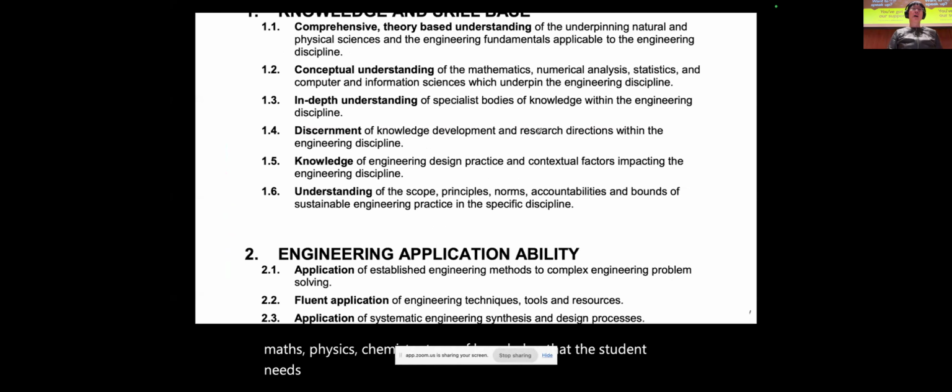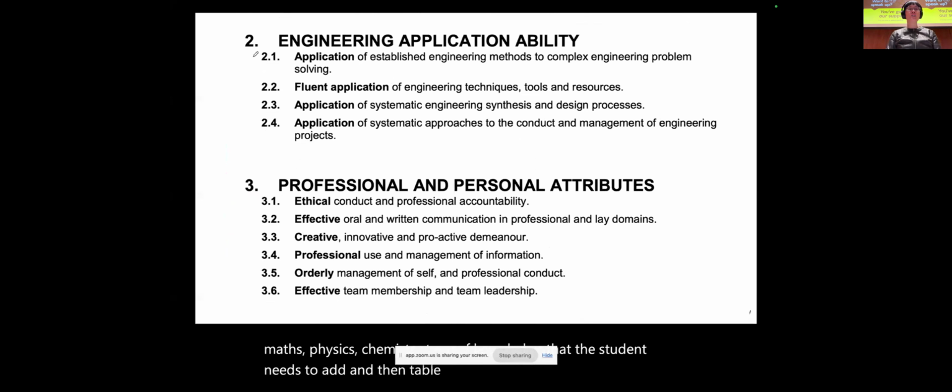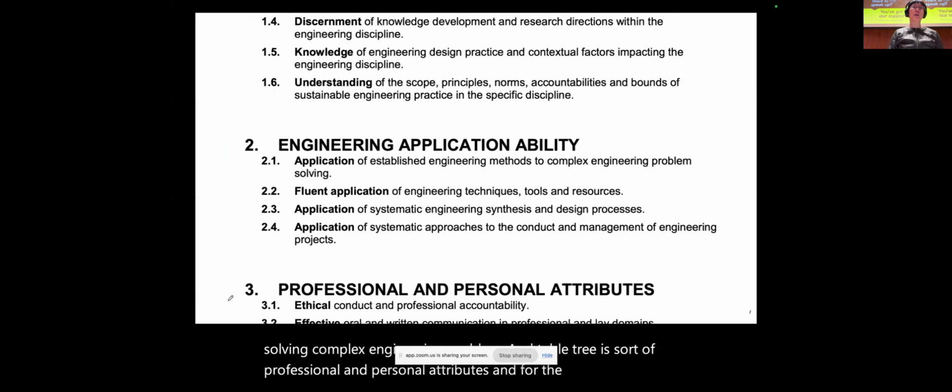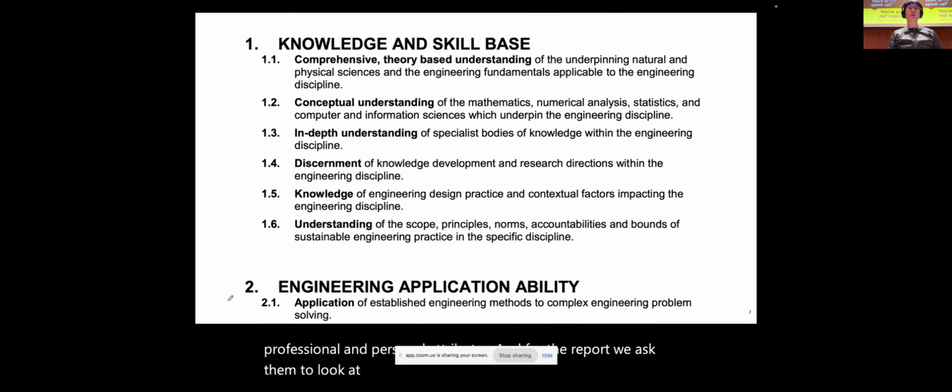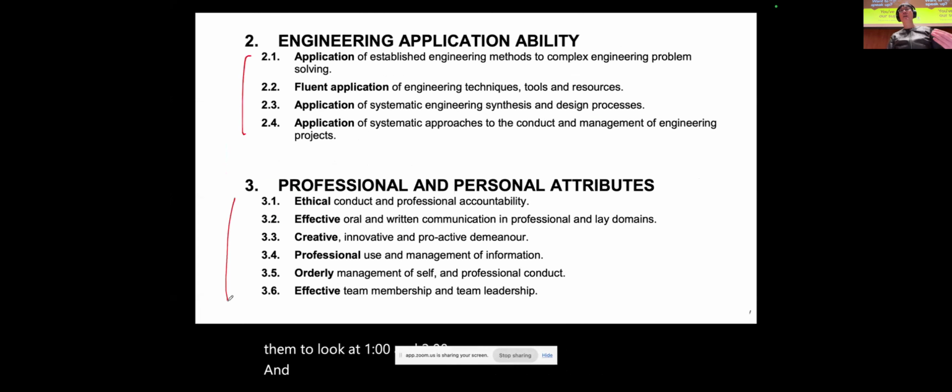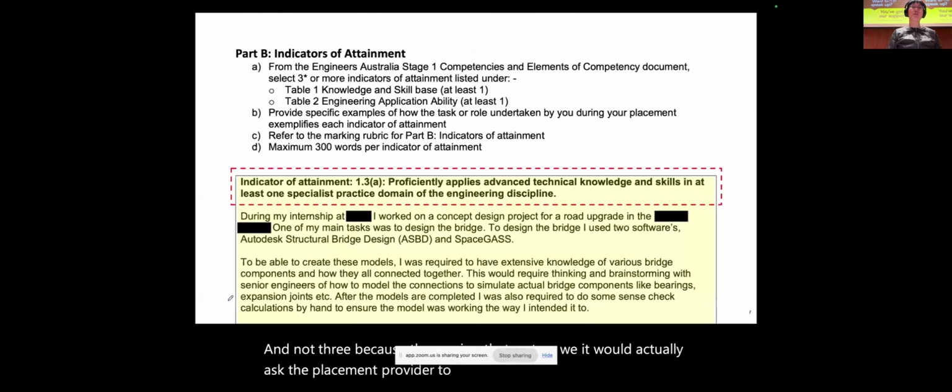Table 2 is more the engineering skill set, things like project management, complex system thinking, solving complex engineering problems. And Table 3 is professional and personal attributes. For the report, we asked them to look at 1 and 2 and not 3, because for 3, we actually asked the placement provider to evaluate the students. Only 1 and 2.